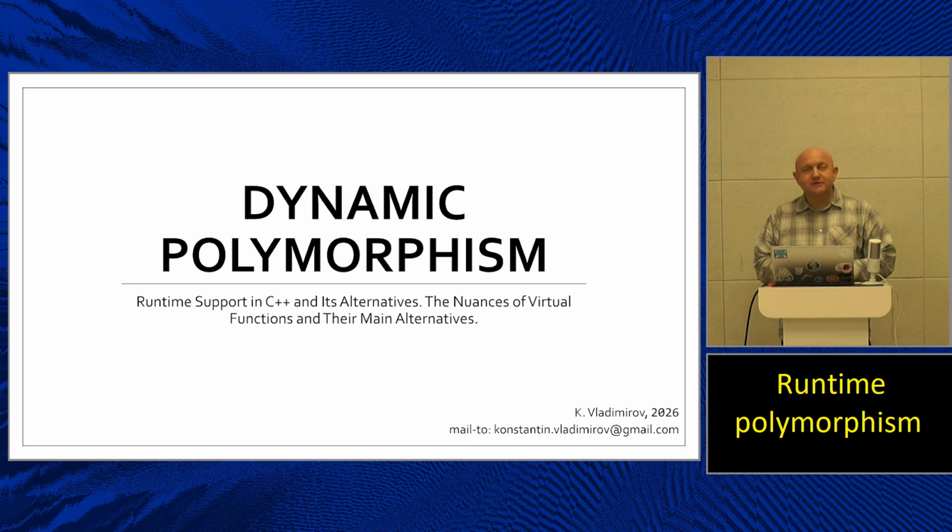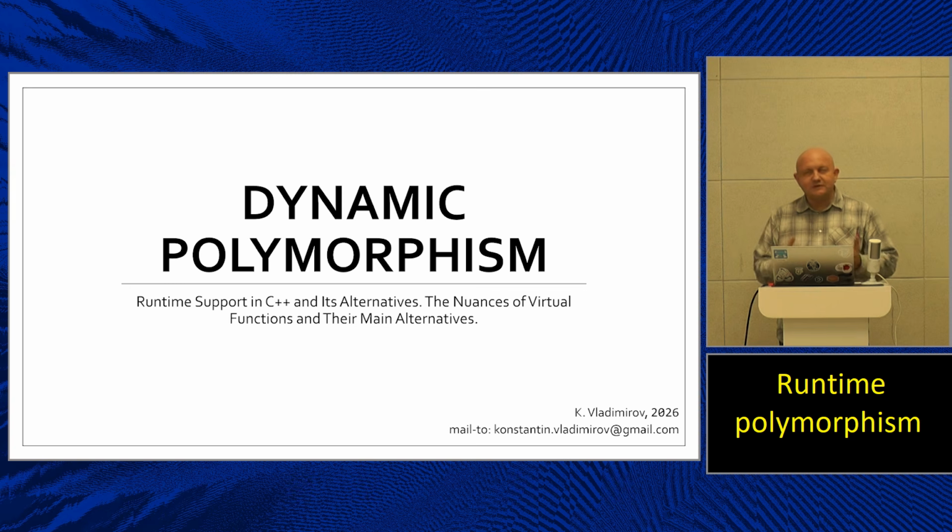In the previous lectures, when we talked about allocators and smart pointers, we were gradually moving towards today's topic, dynamic polymorphism. This is one of those areas in C++ that people constantly argue about. Many developers try to avoid it.